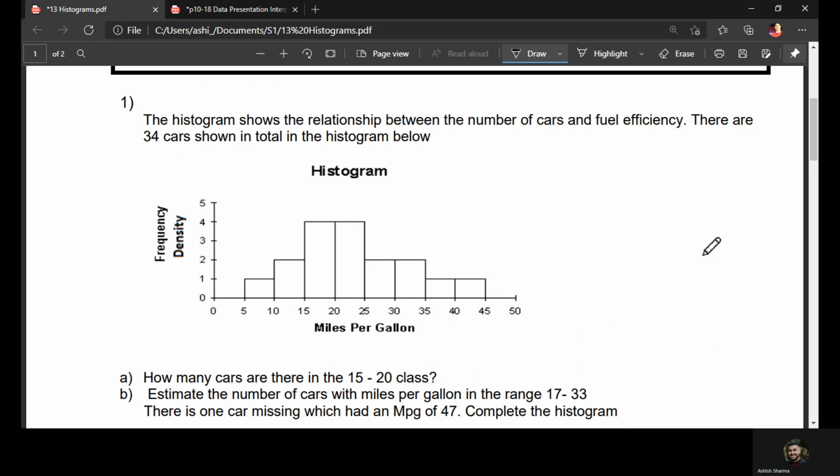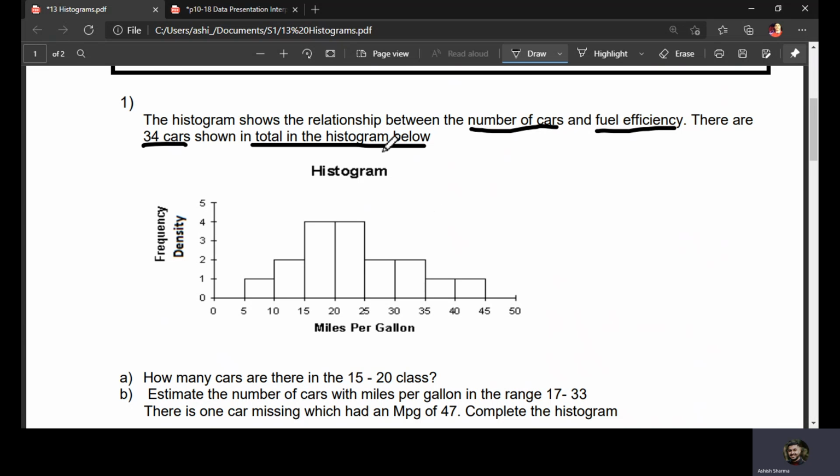Okay, so question 1: the histogram shows the relationship between the number of cars and the fuel efficiency of these cars. There are 34 cars shown in total in this histogram below. That's important. That's the total frequency of all these bars.